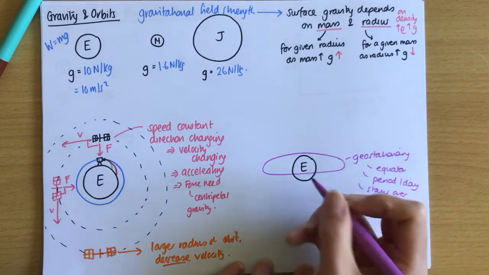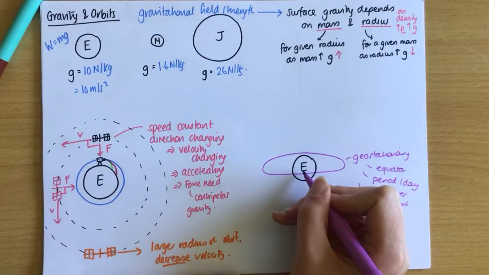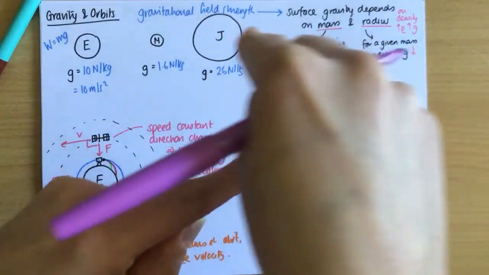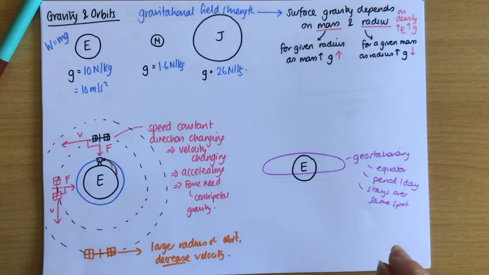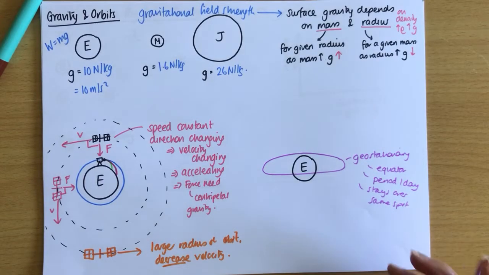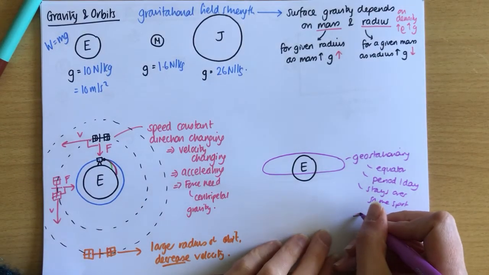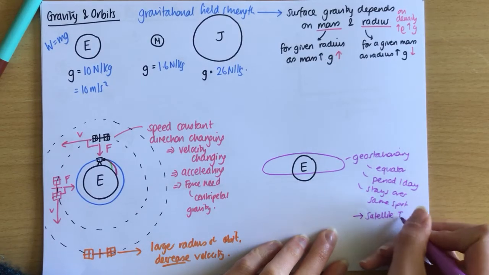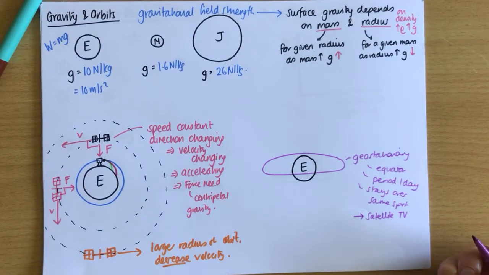So a geostationary orbit, the satellite basically tracks around the same point all of the time as it goes around the Earth, and as the Earth is spinning, remember. So that's why it takes a day, and it needs to be over the equator. Now these are used for things like satellite TV and some communications.